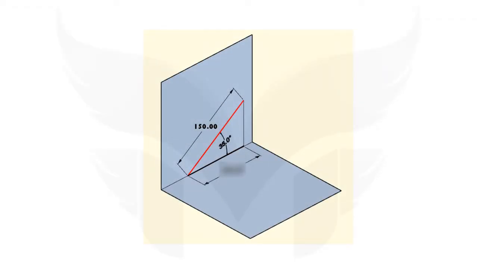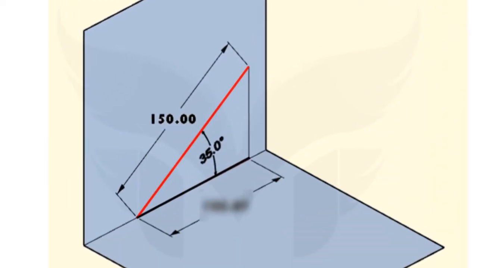In the given statement, line is parallel to VP, so we can assume that line is on the VP and inclined to HP at an angle of 35 degrees. Here, true length of a line is known, which is 150 mm, and angle of line with HP is also known, which is 35 degrees.